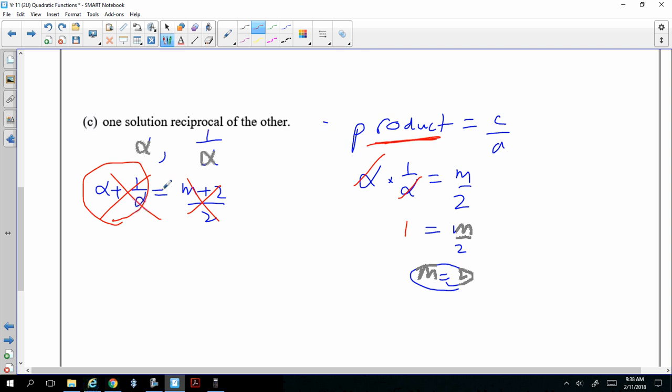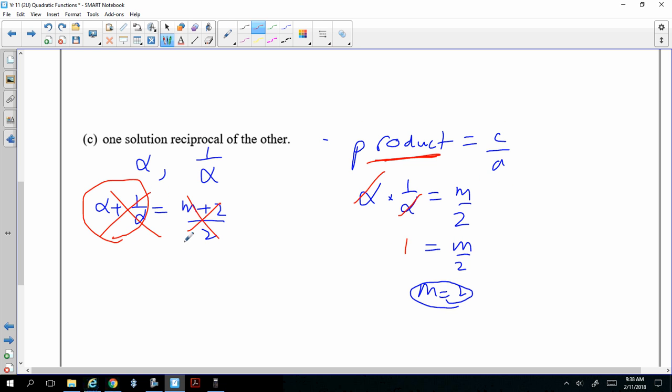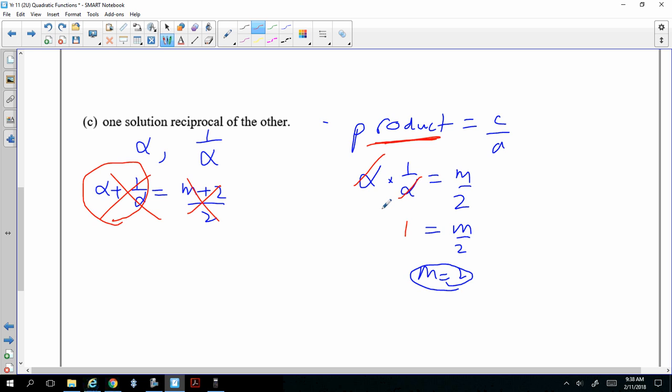Again, let's substitute. So we're going to go m equal to 2. What does the equation become? 2x squared plus minus 2 plus 2 x plus 2. What does that give you? 2x squared minus 4x plus 2. And what do you get? You get x squared minus 2x plus 1.